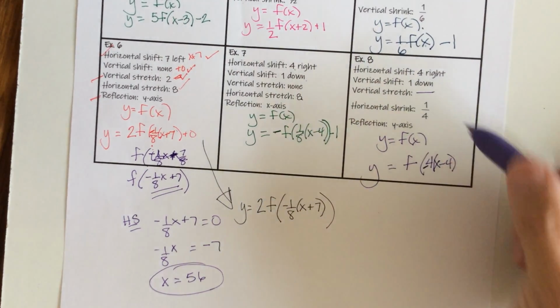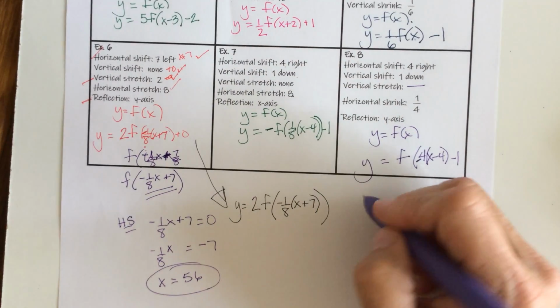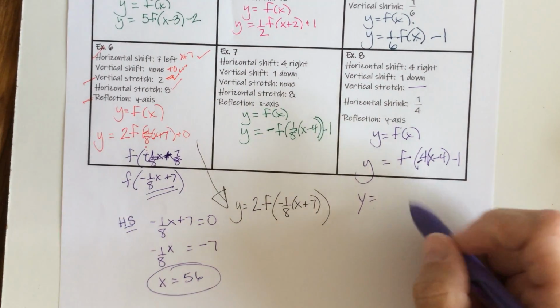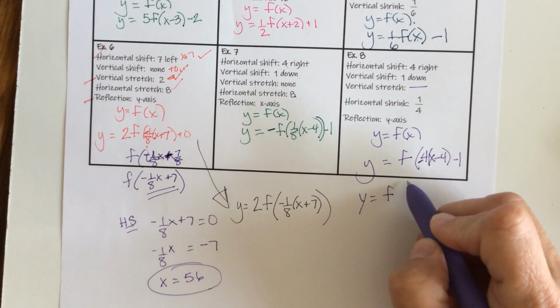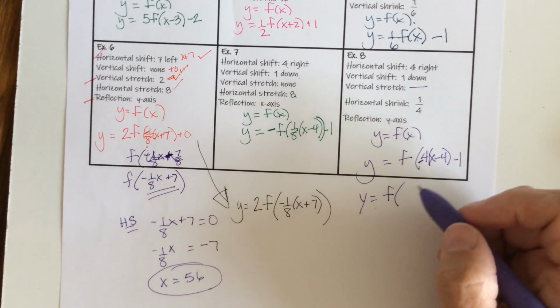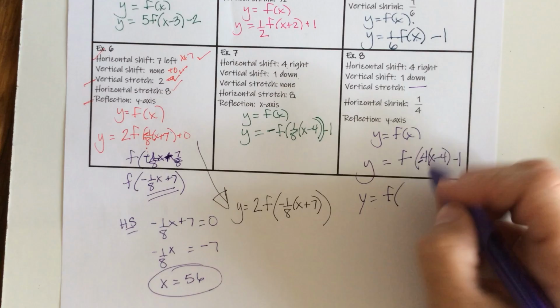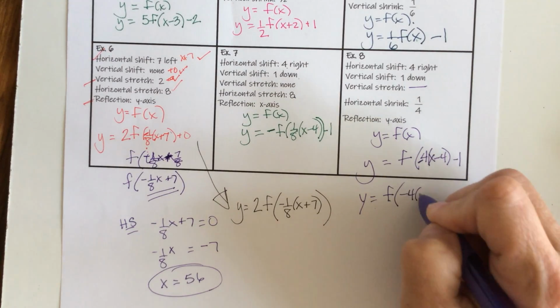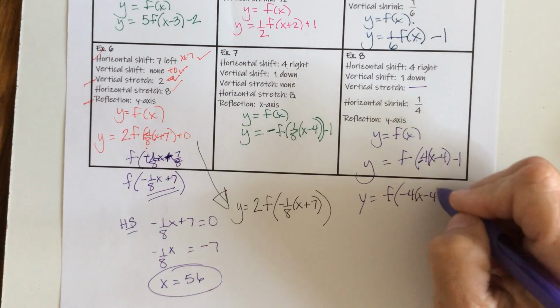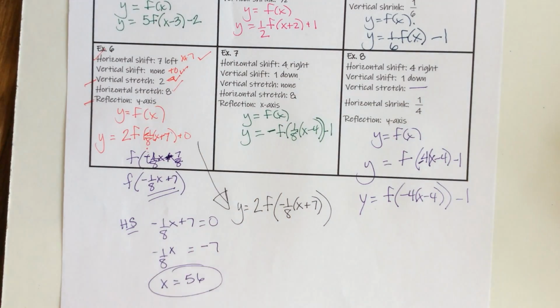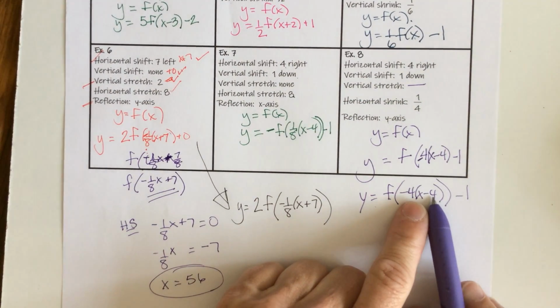And do I have a shift down? Yes. So I'm going to clean this up and look at it. So I have y equals, not 4 times, but I have f of negative 4 times x minus 4 minus 1. So I have a horizontal shift of 4 to the right.